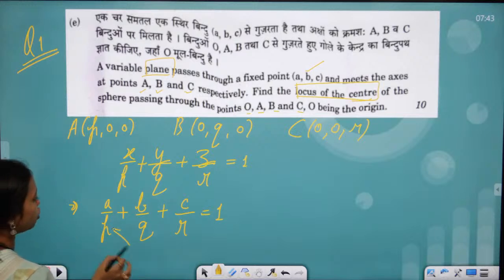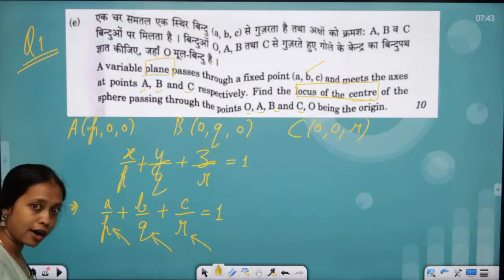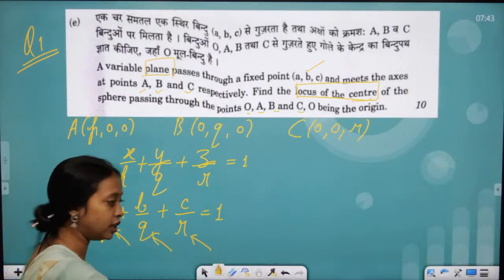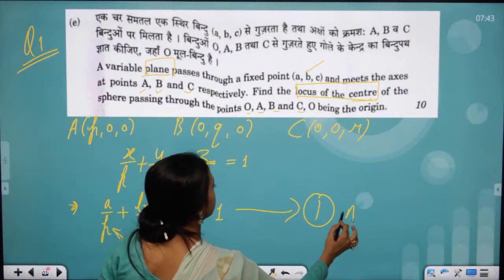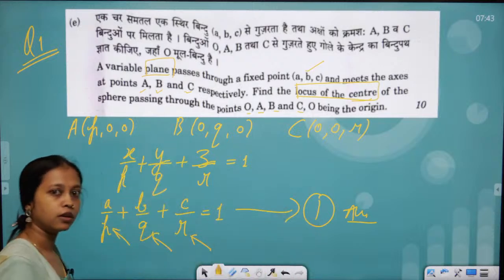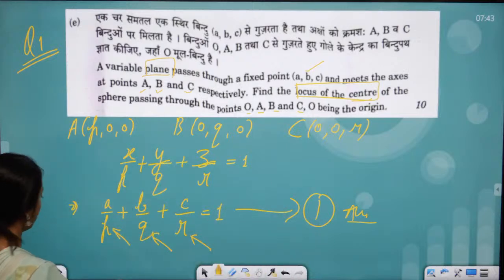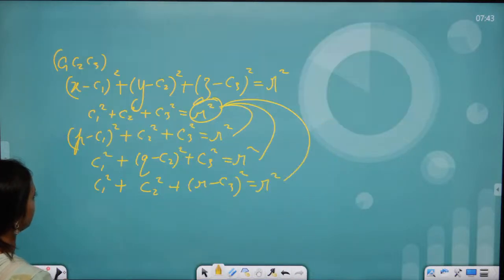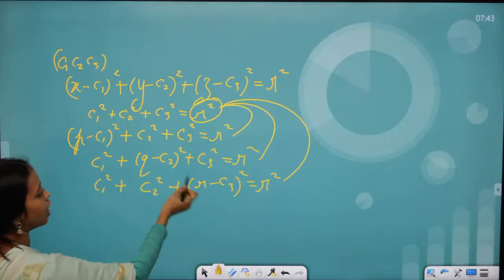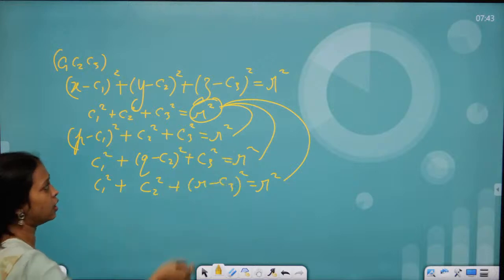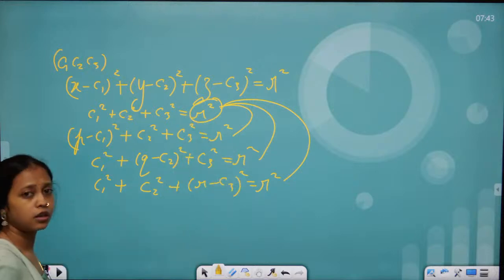So P, Q and R you have in terms of C1, C2, C3, substitute here, you will get your equation. This is your answer after substituting. Getting the point? Over here, just a second. Over here, you are getting the value of P, Q, R in terms of C1, C2, C3, because everything else will cancel out. R square, you are just replacing it, right?